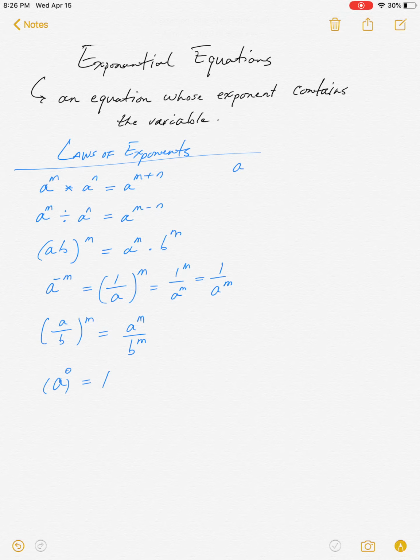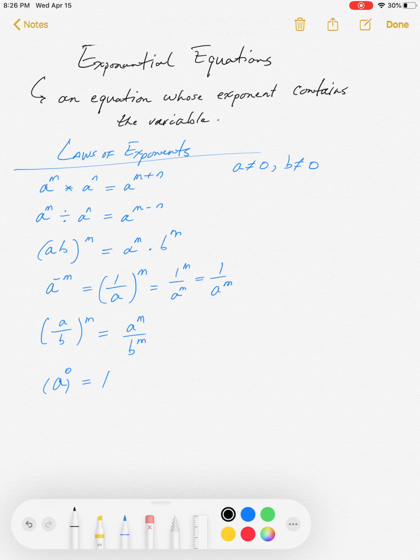Note that in this case, a and b, those bases, are not equal to 0. And you're going to have to know how to manipulate these things, maneuver them, move them around.